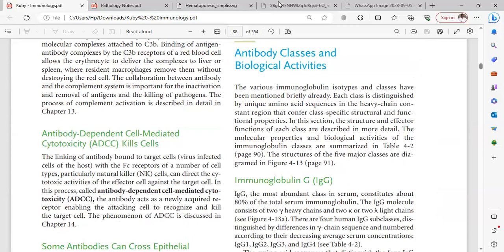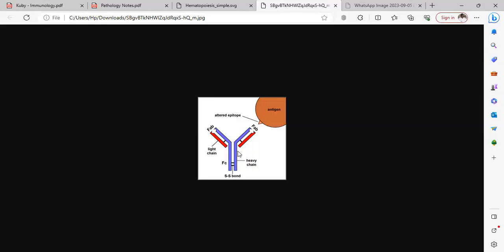So we can appreciate first the structure. Just basic structure. We have the Fab portion, where the antigen binds, and then we have the Fc portion, and then we have the heavy chain and the light chain.